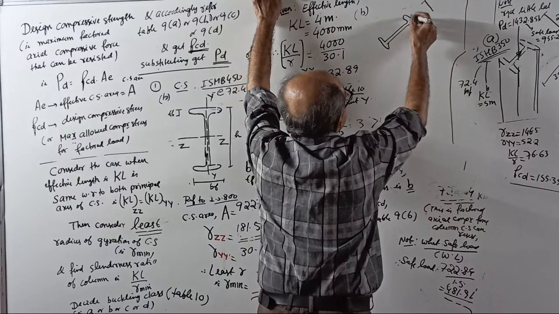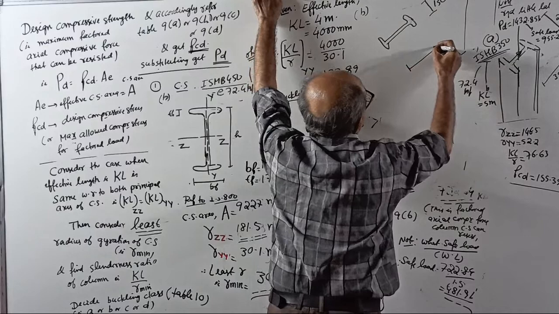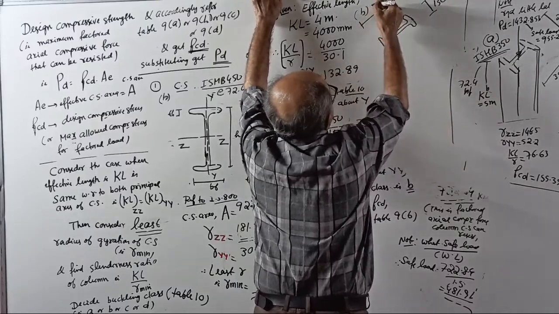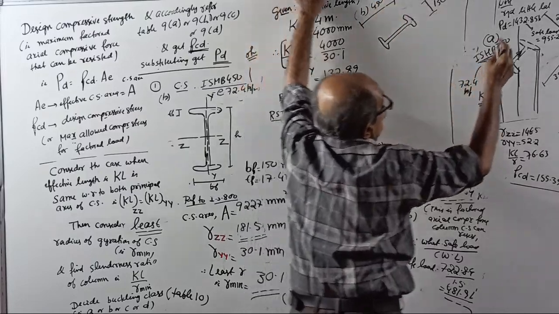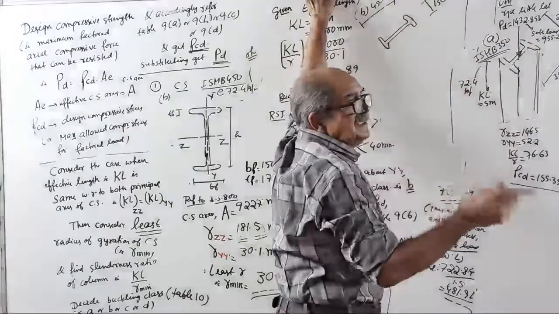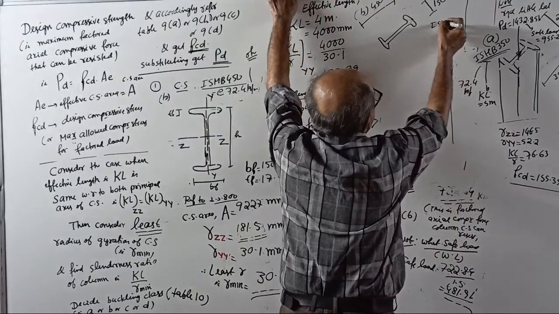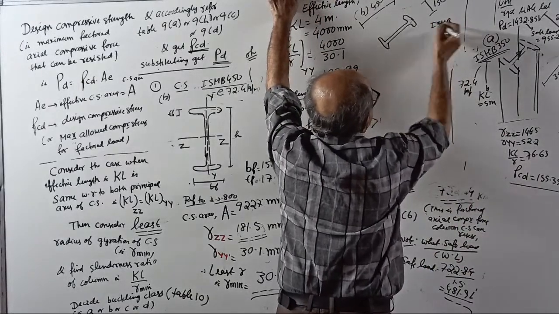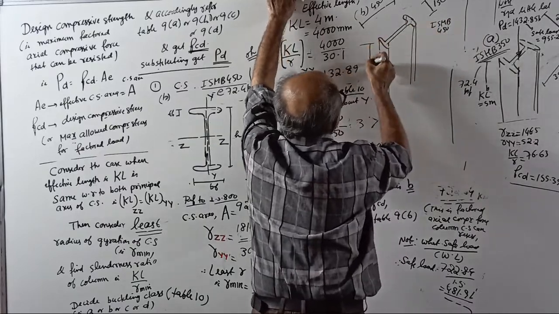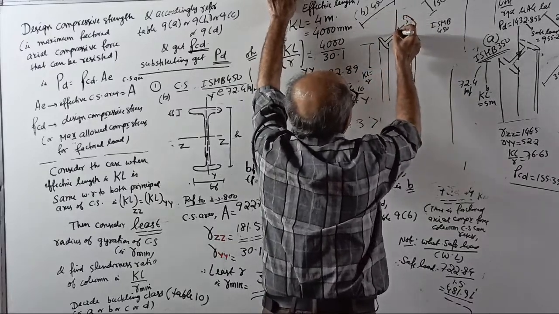This is 250 by 350, and this is 150 by 450. But area is same, weight is same, cost is same. This is your ISMB 450. Now column is like this. Effective length is same, KL equal to 5 meter. Now the load it can support is how much?